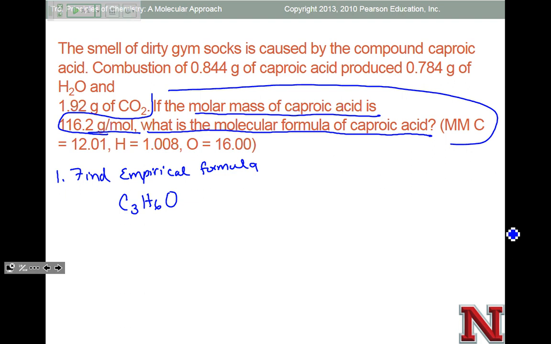Once we have our empirical formula, then we can figure out our molecular formula because we know our molar mass. Because like we said before, we just need to find our multiplier. So our N should equal our molar mass that we were given over our empirical formula mass.